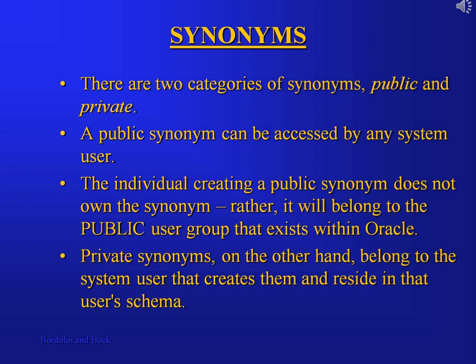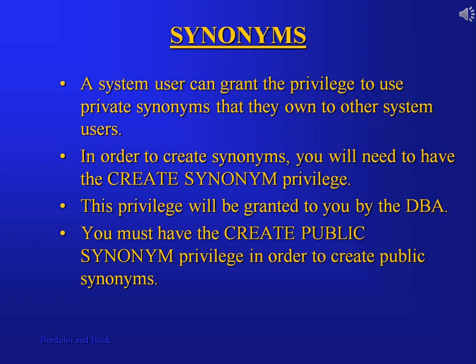A public synonym is owned by the special user group named public and is accessible to every user in a database. A private synonym is contained in the schema of a specific user. A system user can grant the privilege to use the private synonym that they own to other system users.